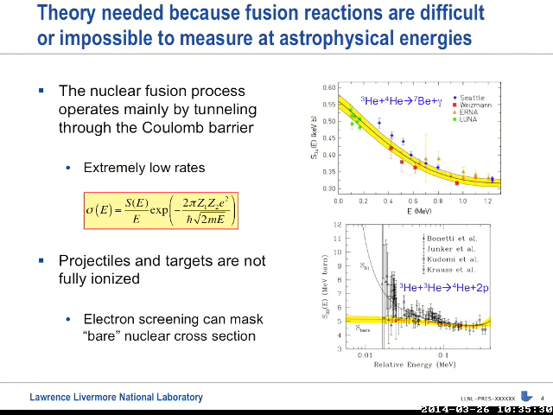Another problem is that in a laboratory, the projectile and the target are not fully ionized, so they have electrons that are bound to them, and because of that, the Coulomb barrier that the two nuclei in effect observe when they are fusing together is lowered by the presence of these electron clouds, and this enhances the S factor at low energy, and so it masks the bare nuclear cross-section or S factor we are interested in.